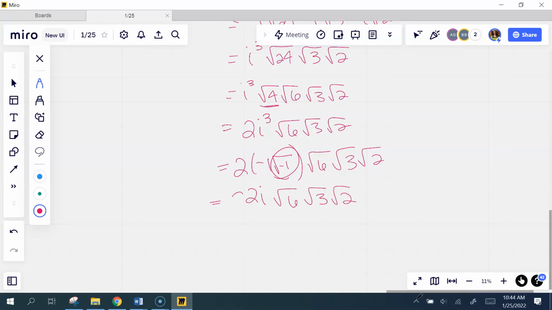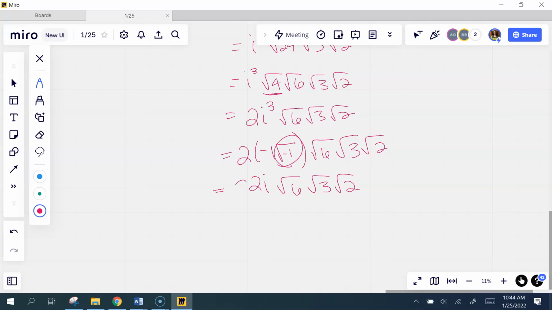You see anything else I could do there? Anybody? You don't see anything? What am I doing here? What's that property of radicals say? Can I put them under the same radical? Can I do this? You would think right.